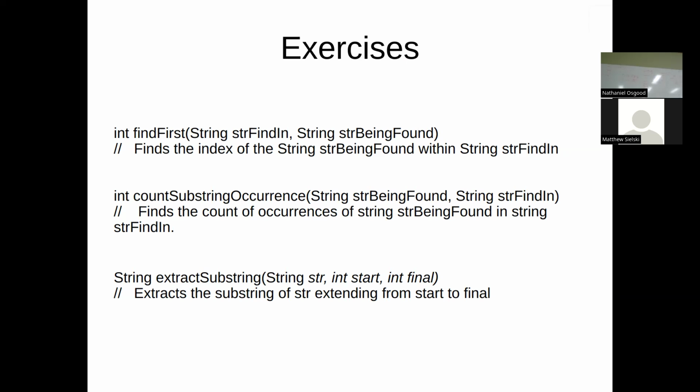You're going to count the number of occurrences. I'm providing a weak sort of description that's for you to sharpen up. Extract substring will grab the substring within string that starts at index start and ends at index final. It'll give us the string back. That's the idea.